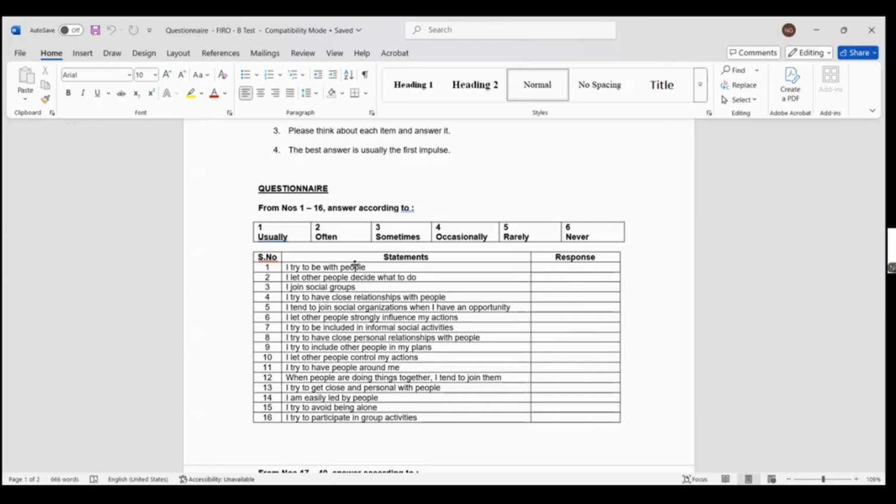We'll take another question. I let other people decide what to do. Now you may say, maybe very rare, once in a while. So what do you need to do? Generally, what do you do? When you are responding, generally, what do you do? I let other people decide what to do.